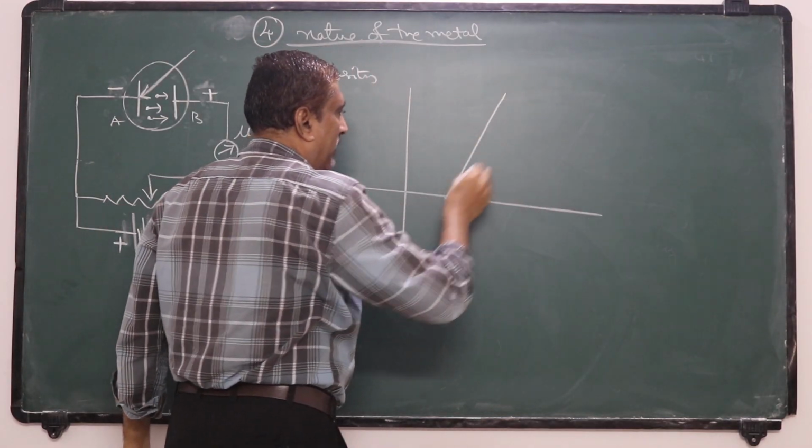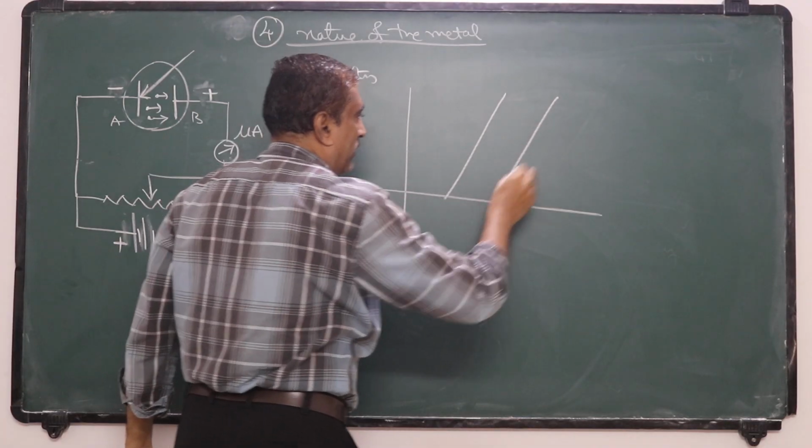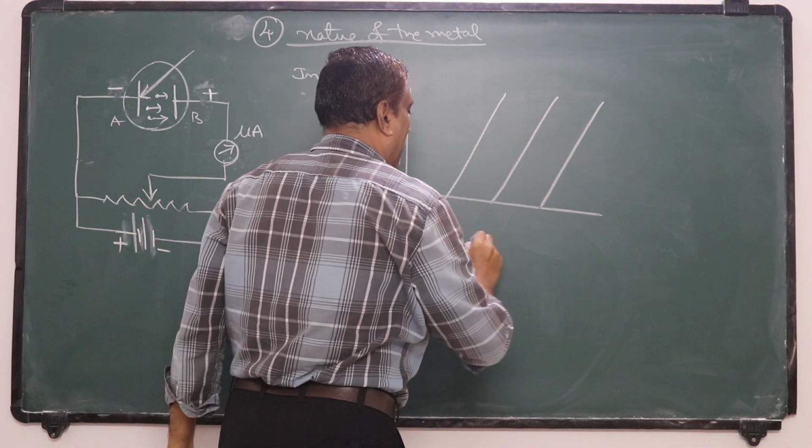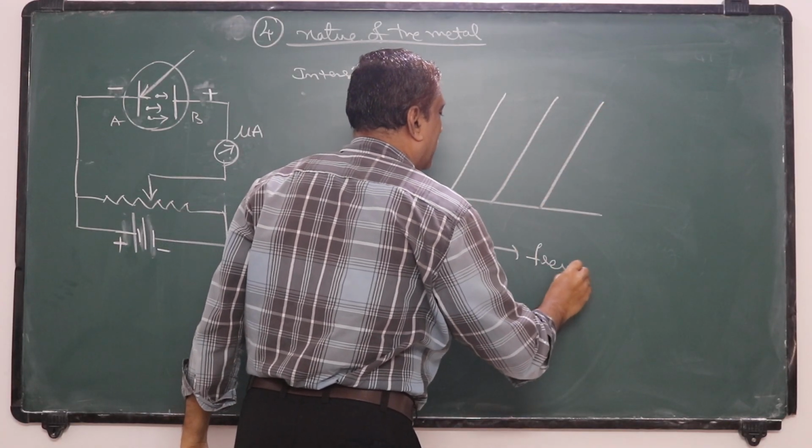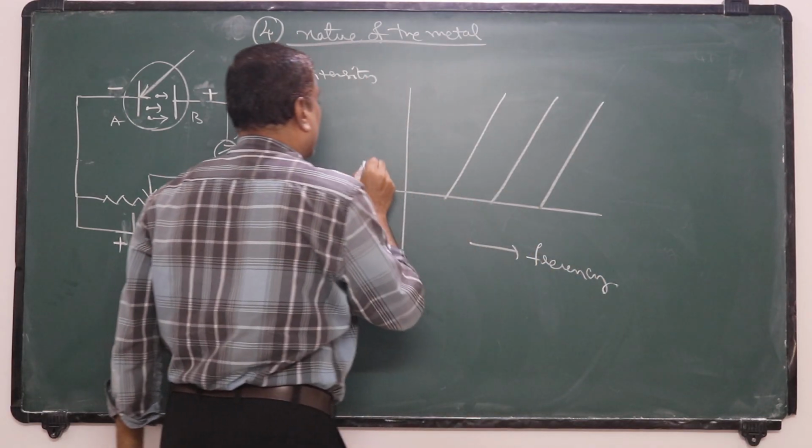for different metals, we get different curves like this: frequency and stopping potential.